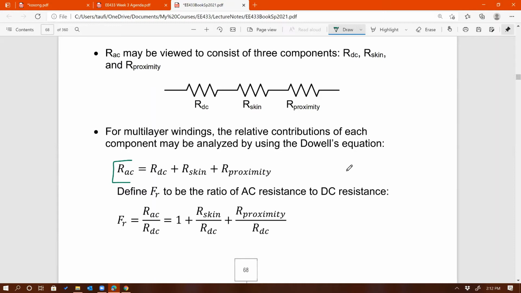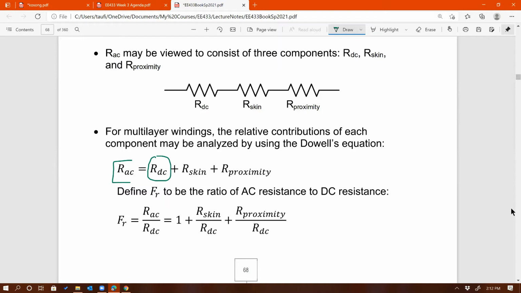So for the lab, I think what you need to calculate is the DC resistance of the wire, because that's typically how people actually measure. How do you measure? What would you do if you are in the lab right now to measure resistance of a wire? Typically, what would you do? Can you tell me? Anybody?